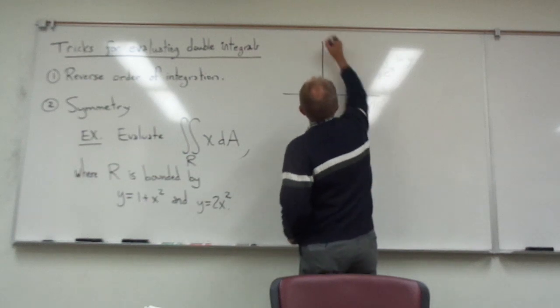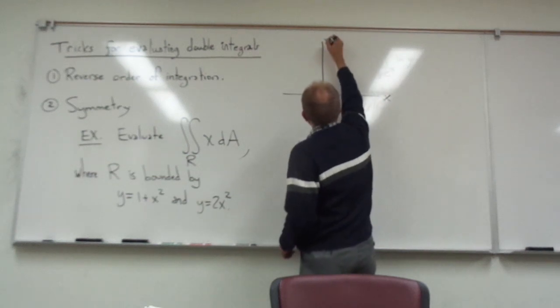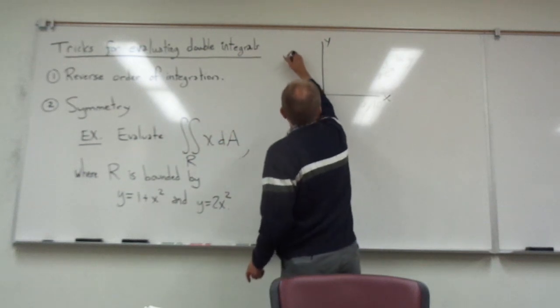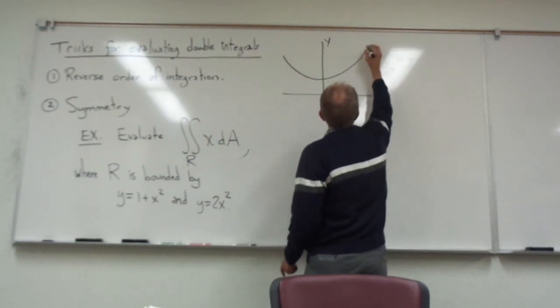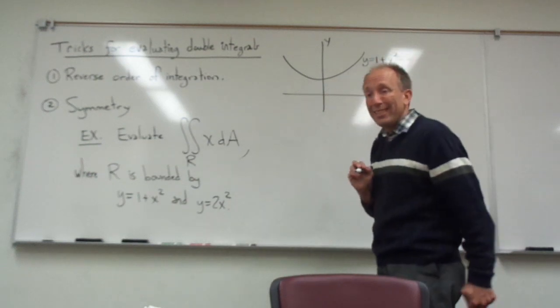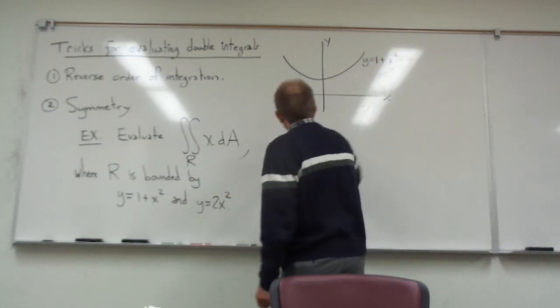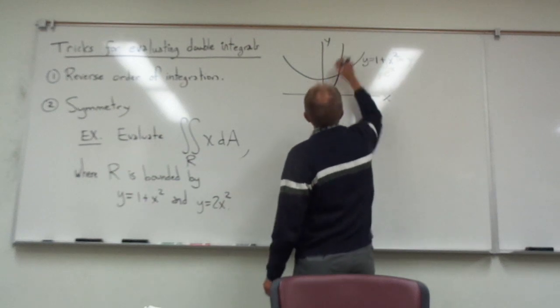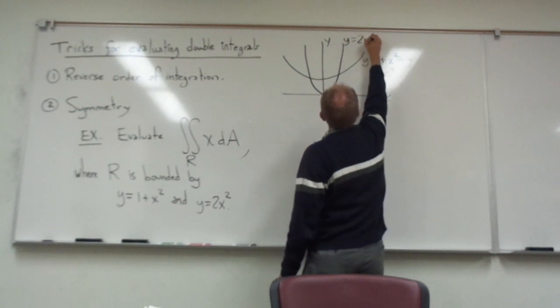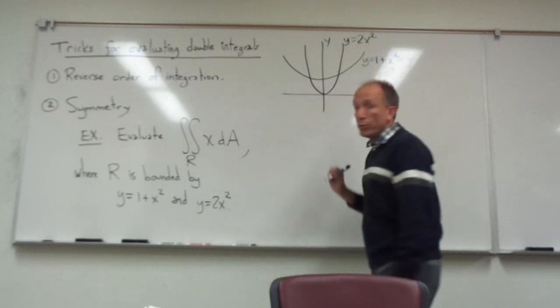Okay, so here's my xy axes. The parabola 1 plus x squared is basically just your standard parabola shifted 1 unit upward. And then y equals 2x squared is a steeper parabola that also goes upward, but it goes through 0, 0.